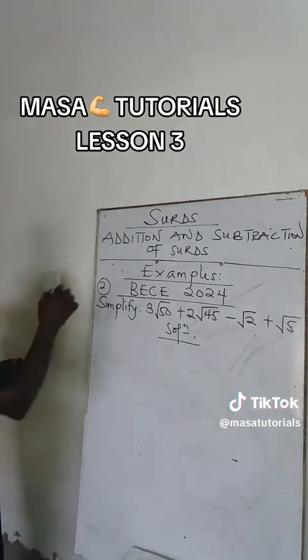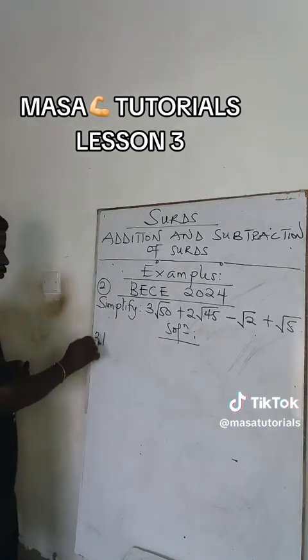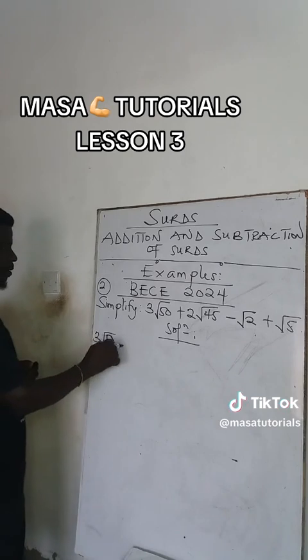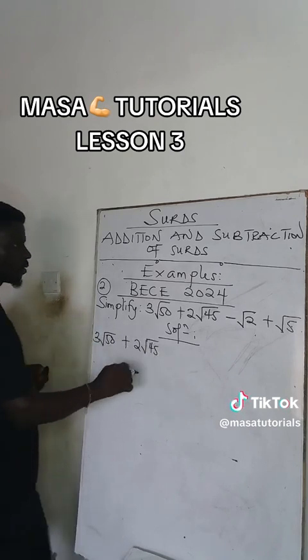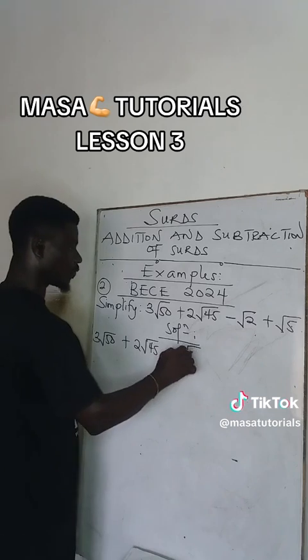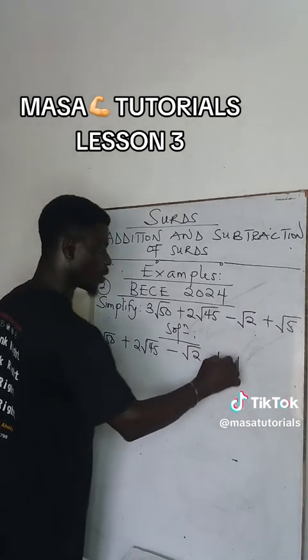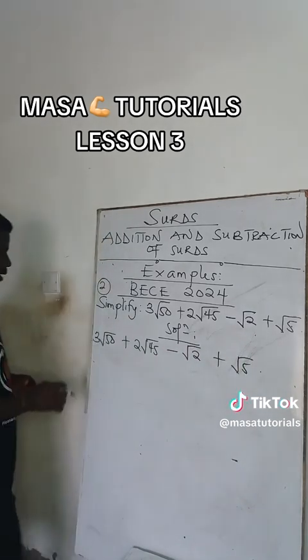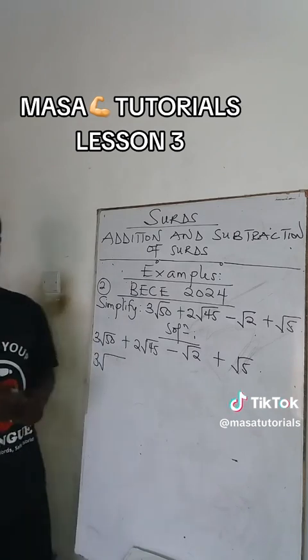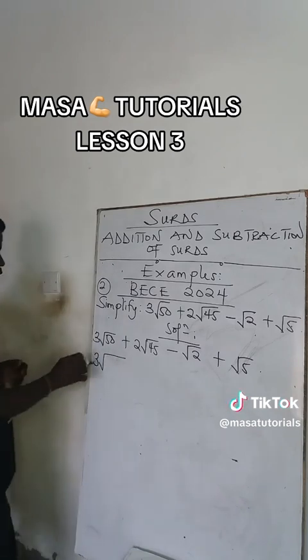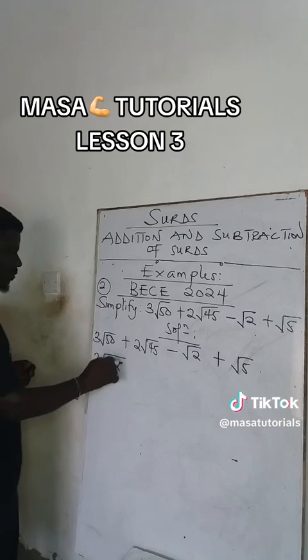So now we have 3 square root of 50 plus 2 square root of 45, then minus square root of 2 plus square root of 5. Now let's see. 3 square root of 50, which is 25 times 2. 25 is a perfect square.